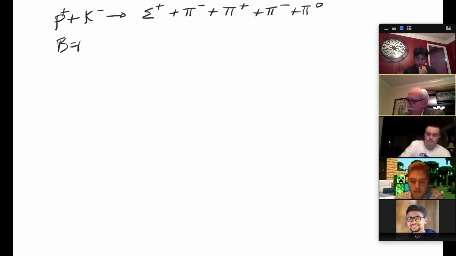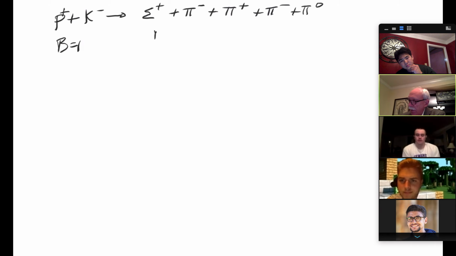On the pi mesons, baryons, no. It's just 1 and 1, so they're conserved.